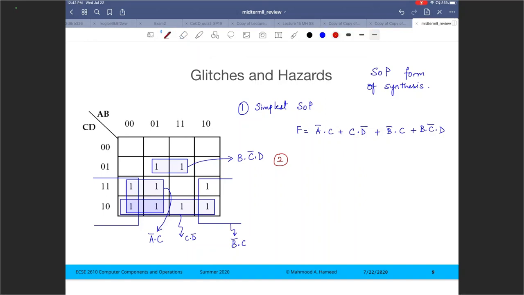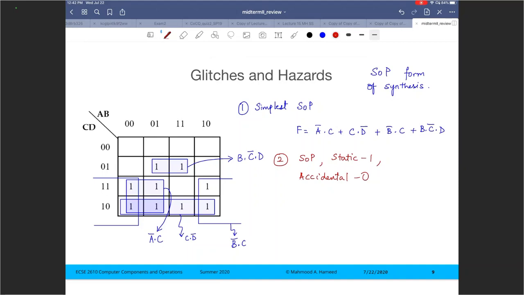Static 1 hazard because I'm going for a simplest SOP form. So I have a SOP hazard present, which is also called the static 1 hazard. It's also called the accidental 0 hazard. But there is one that is present because there is clearly a RPI, redundant prime implicant, that I can add to this. And I see that there is only one here that I could do.